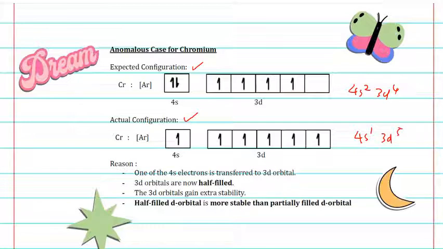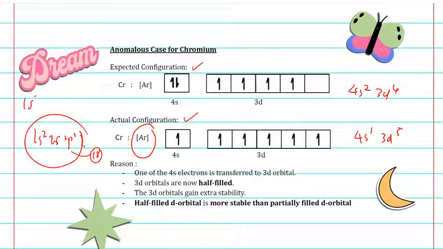Sebab dia nak capai state yang lebih stable. So depan ni sebenarnya adalah singkatan. Sekarang kita selalu tulis 1s2, 2s2, 2p6, 3s2, 3p6 sampailah kepada 4s. Kejap kita calculate balik. 1s2, 2s2, 2p6, 3s2, 3p6.